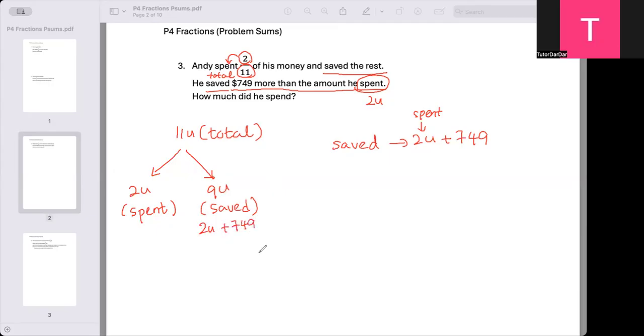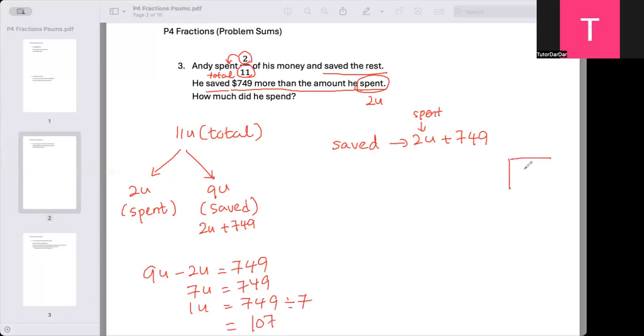Based on this, what can we see? 9u minus 2u is equal to 749, which is 7u equal to 749. So 1u is equal to 749 divided by 7, which you will get 107.